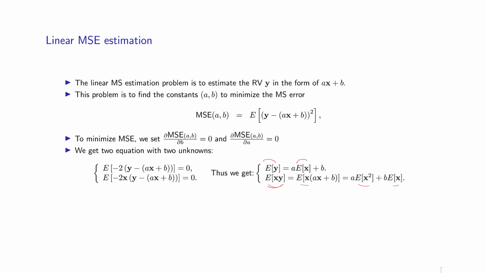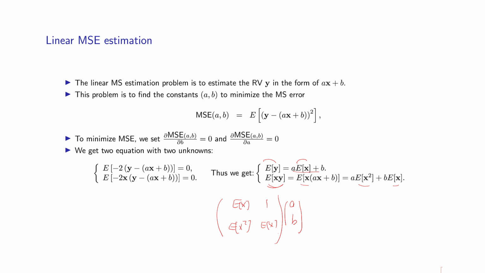So this is a set of equations. In order to solve it, we see that these equations are linear with respect to a and b, so we can write them in matrix form. If I write a and b as a vector, this is equal to the matrix with the mean of x and 1 in the first row, and the mean of x to the power of 2 and the mean of x in the second.